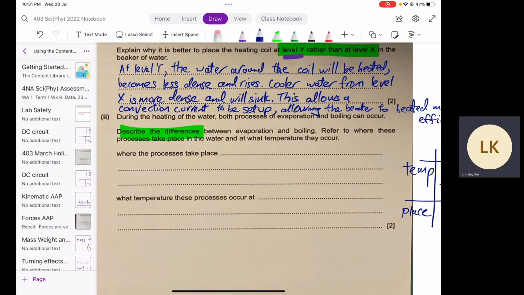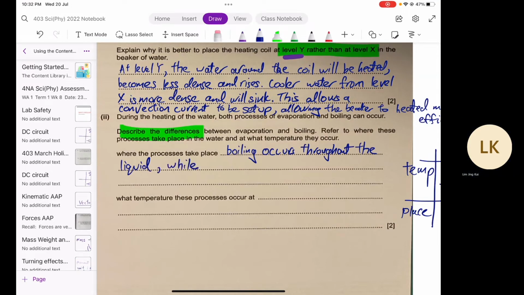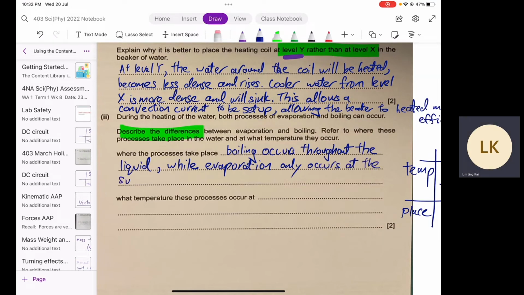So where the processes take place. We can say that boiling occurs throughout the liquid. Use a comparative term, while evaporation only occurs at the surface of the liquid.